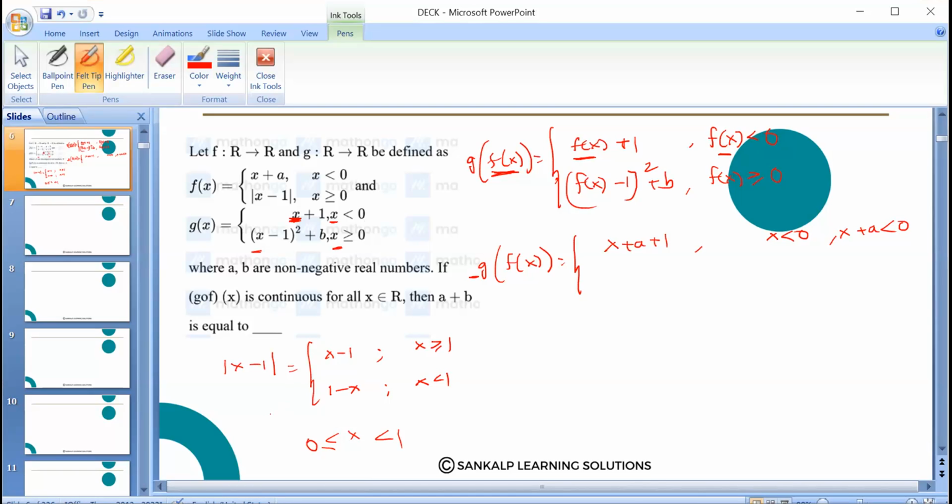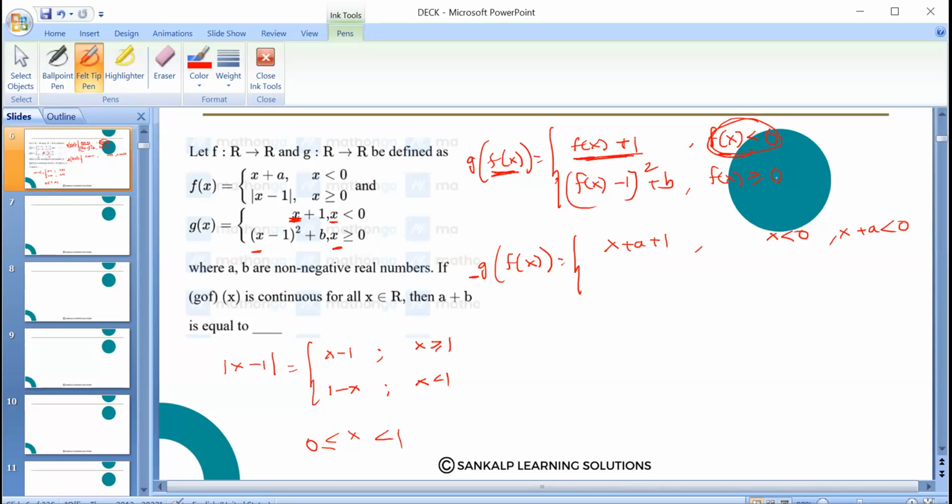We are breaking it into two. Here, f of x is less than 0, f of x plus 1. So we have written the first function.